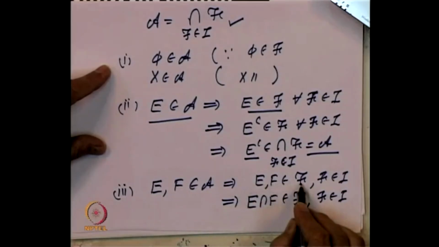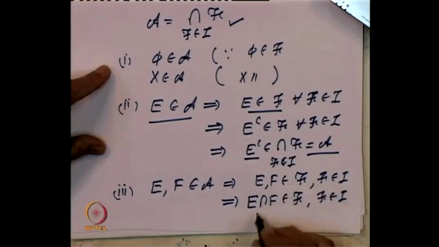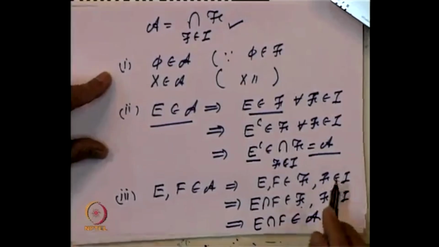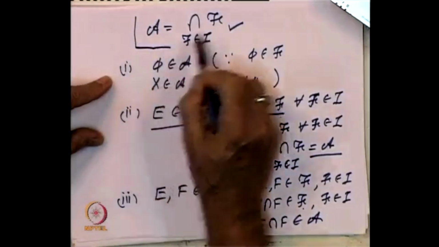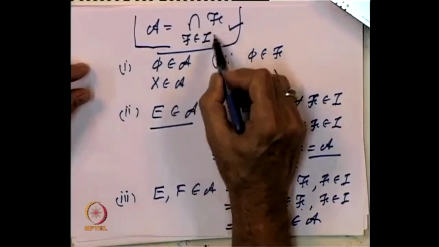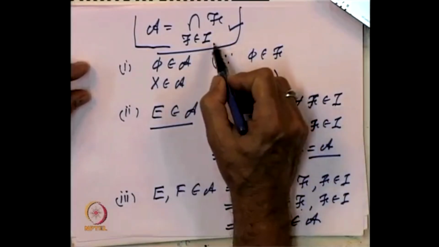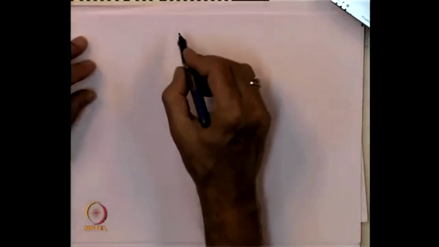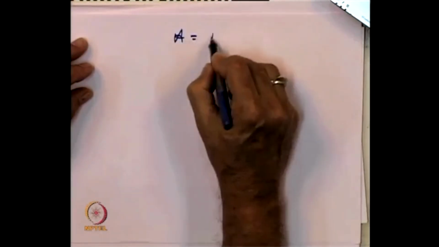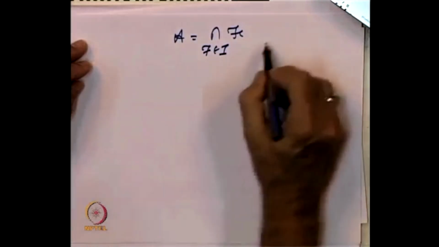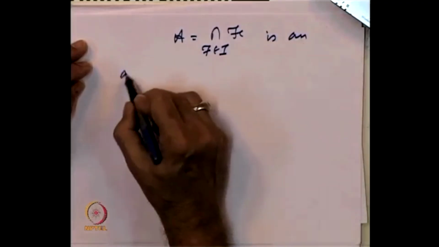E and F belong to the collection F, which is an algebra, so the intersection also belongs, and hence E intersection F belongs to A. So what we are showing is that this collection A, which is the intersection of all the algebras which include C, is an algebra.